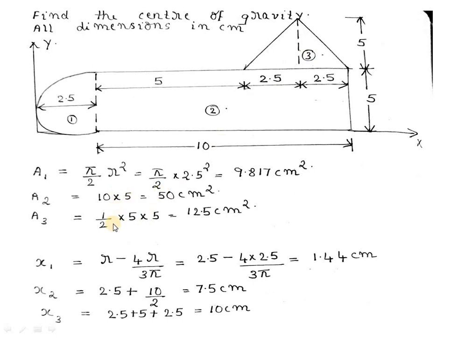Now find out the area of all these three sections. Area of the semicircle will be pi r square by 2. Area of this rectangle will be length into breadth, and area of this triangle will be half into base into altitude. Now x1: we have already studied that the centroid of the semicircular portion will be located at a distance of 4r by 3 pi from this edge.